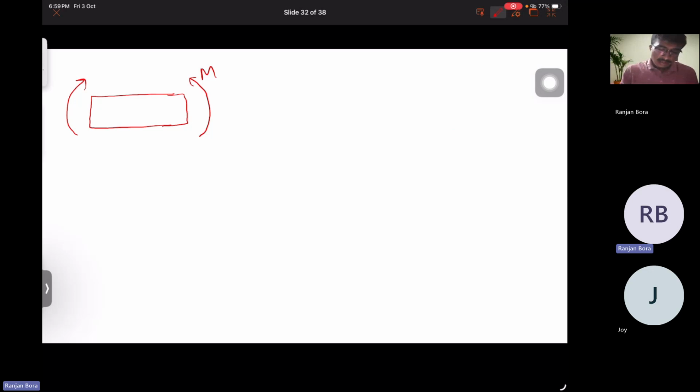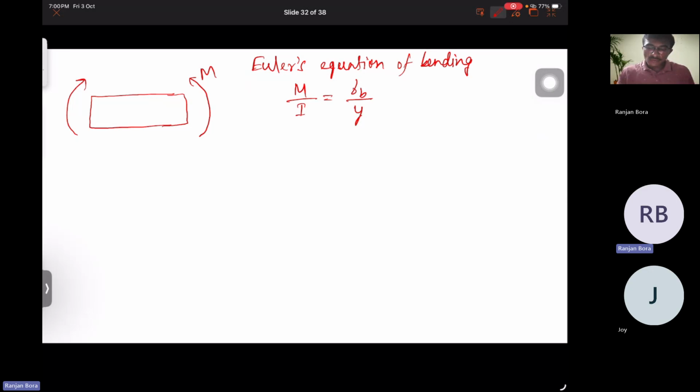Here there is a relation known as Euler's equation of bending, which is M by I equals sigma b by y, where M is the bending moment, I is the moment of inertia of the cross section, sigma b is the bending stress, and y is the distance from the neutral axis.